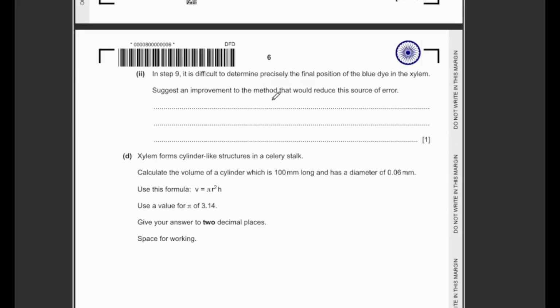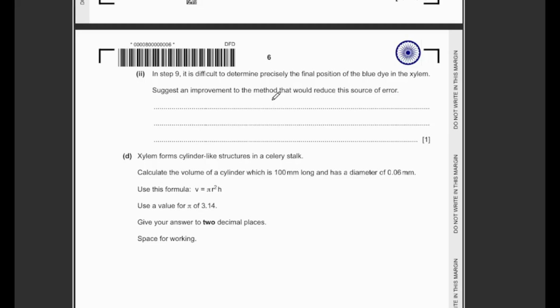Now a student may use a microscope to observe the dye, but please remember here it is an improvement to the method which is given in the question, and it must be relevant only to the question or to the part of the question. So here it will be related to the section, how you are dissecting or cutting the stalk. So what will it be, diagonally, vertically or something?